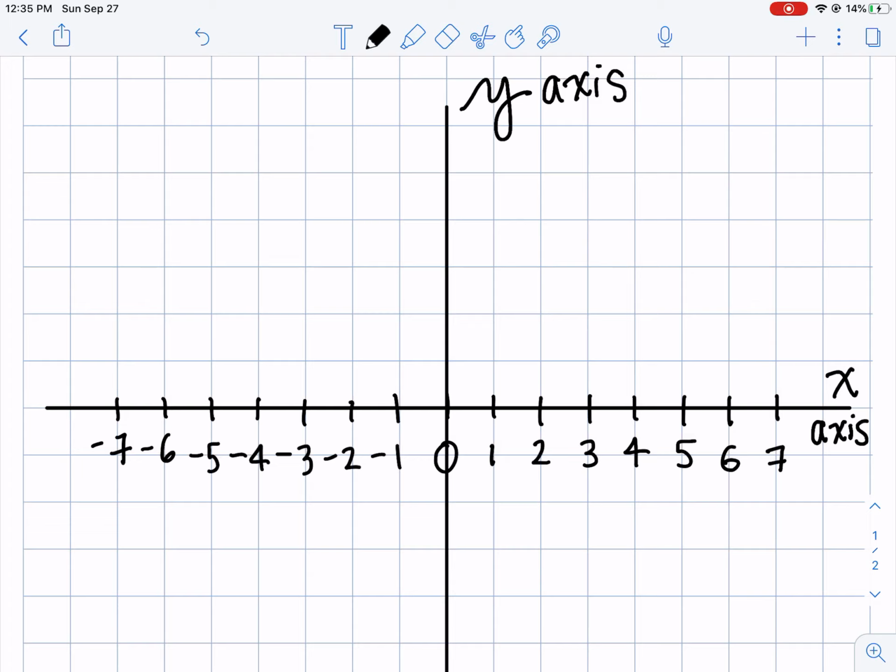And remember how I picked this up and rotated it? So all the numbers that I had over here, I will also have over here. So we can call this one 1, and this 2, 3, 4, and 5. And this 0, it rotated 90 degrees.